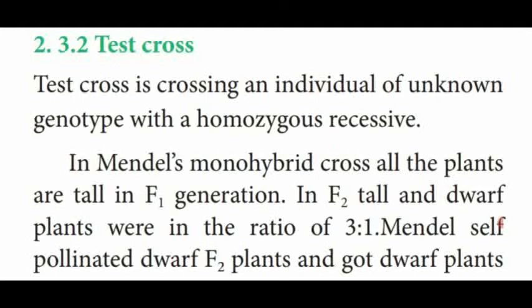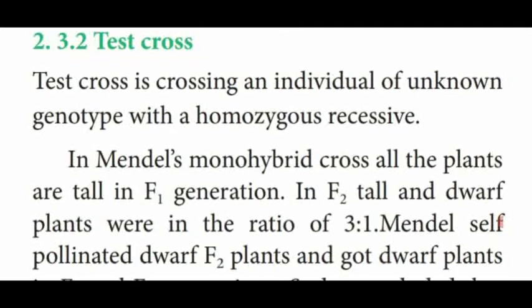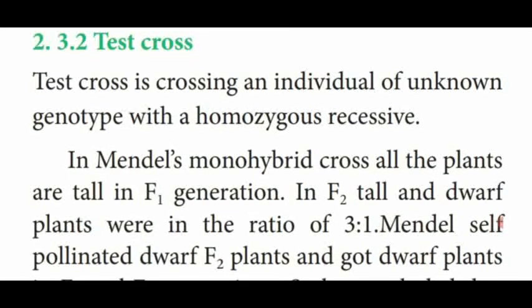He has taken pollen from the tall pea plant and pollinated the dwarf pea plant. At that time also, they have produced all tall plants. So, these are all the different activities which are proving the same answer, that is all are tall.